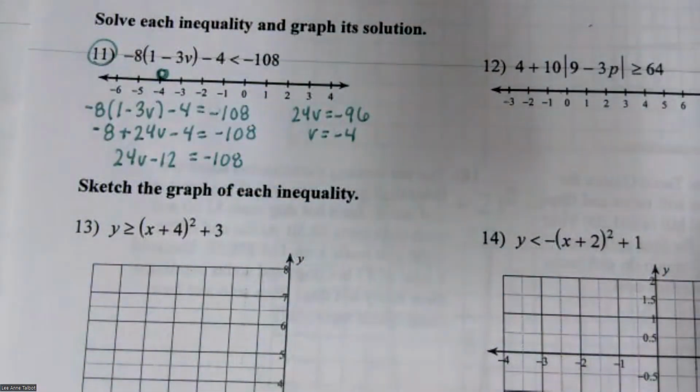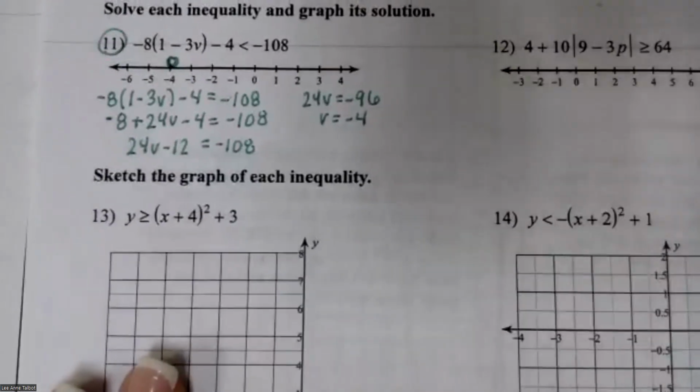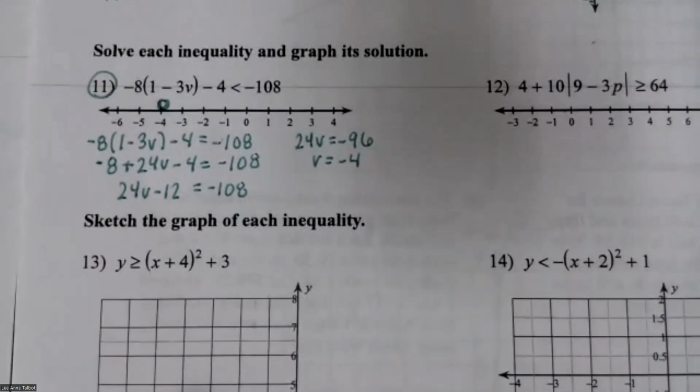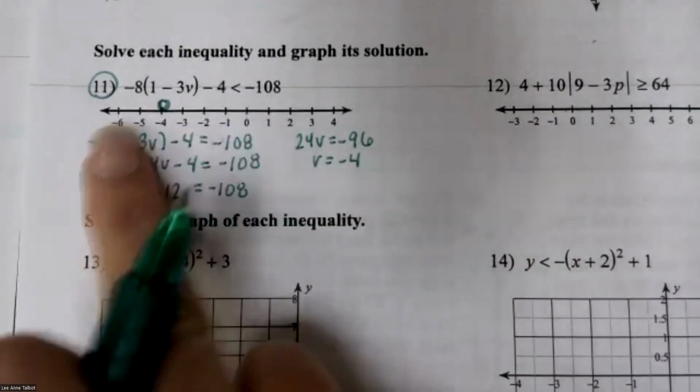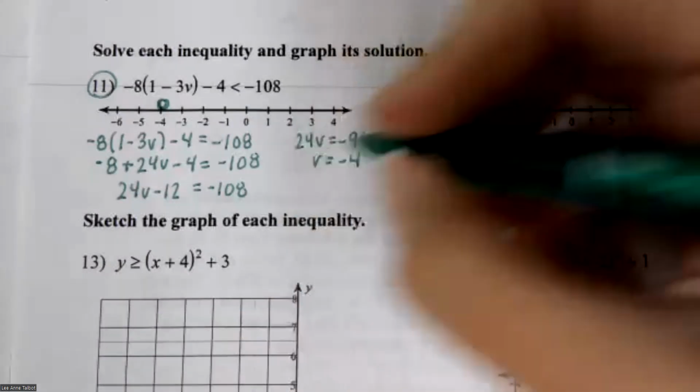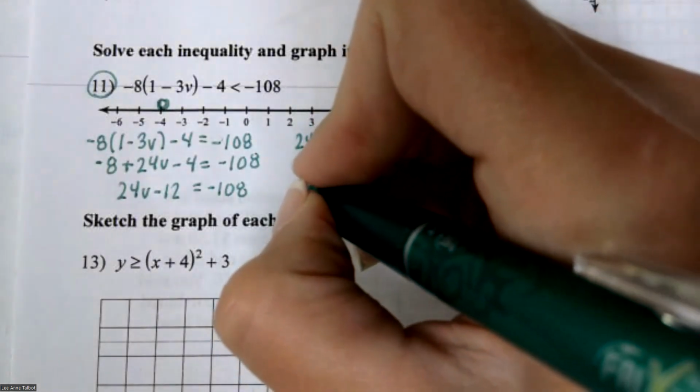Now this is one of those problems that just has one dot. And so we just need to test either side to determine if the arrow goes left or right.